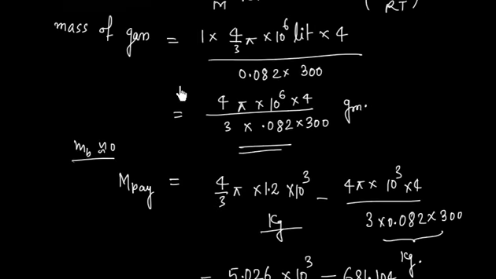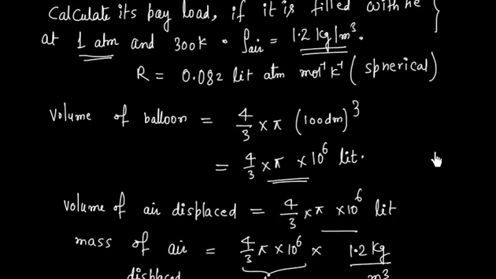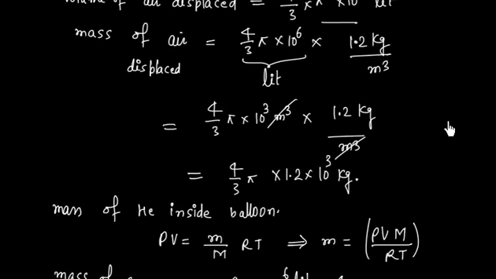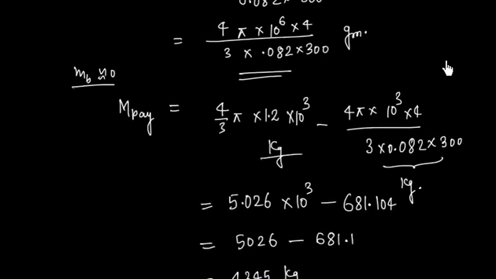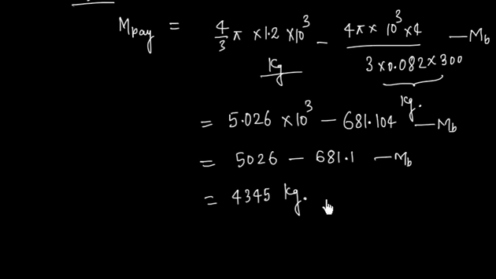Now basically in this question the mass of balloon is also given. The balloon weighs 100 kg. So we have to subtract the mass of balloon also. When we are calculating payload, we have to subtract the mass of balloon. So we will have 4345 minus 100.